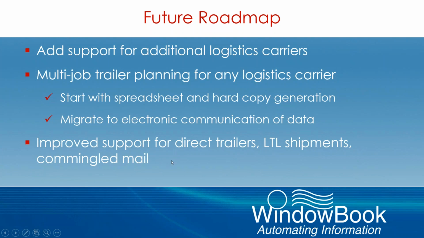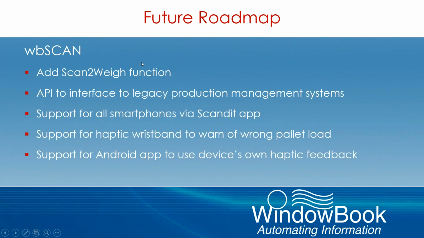And of course, as you've also seen, we've improved support for direct trailers and LTL shipments and commingled mail, and those will continue. And Lloyd also mentioned WB Scan, and we're also adding some improvements to that. So if you haven't taken a look at that, we encourage you to do that because it will make a lot of this a lot easier. Anything to add there before we go into questions, Lloyd?